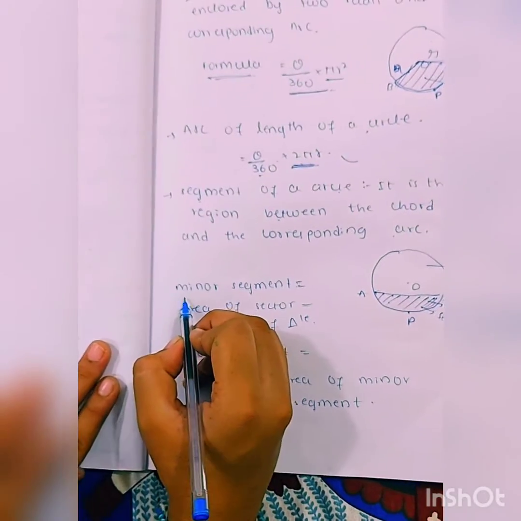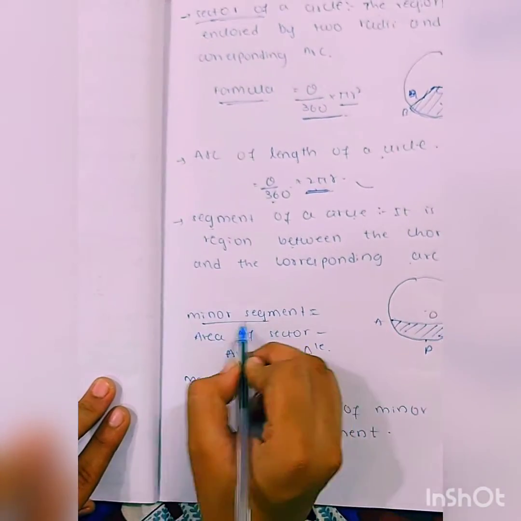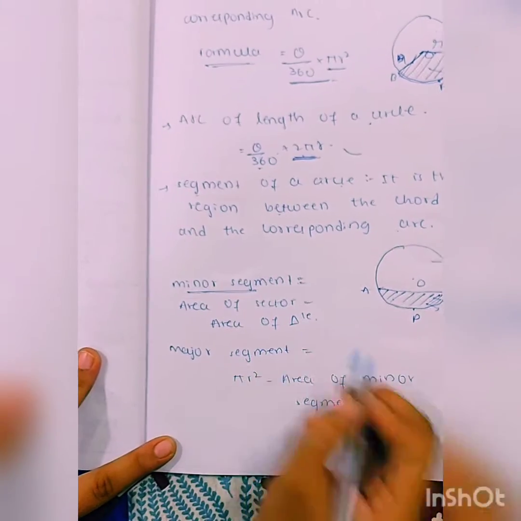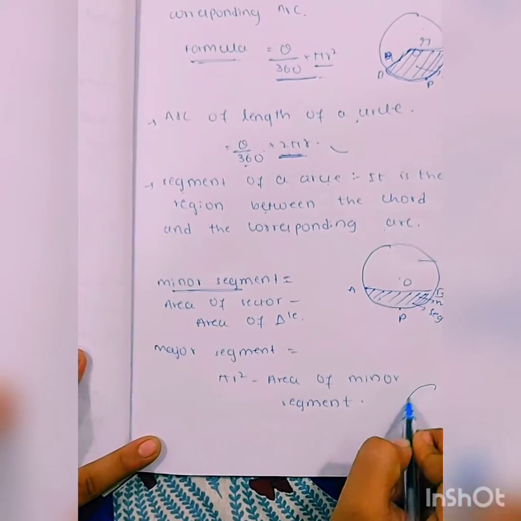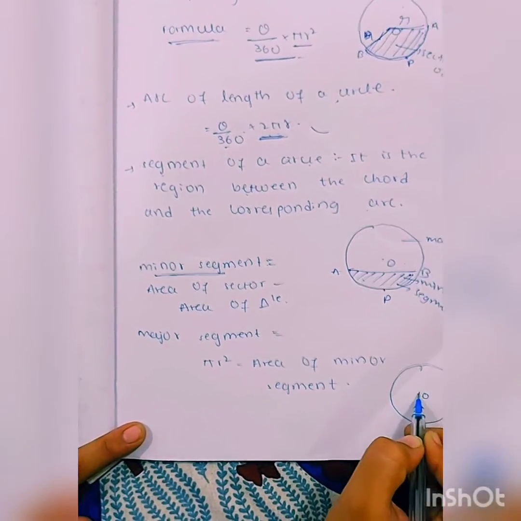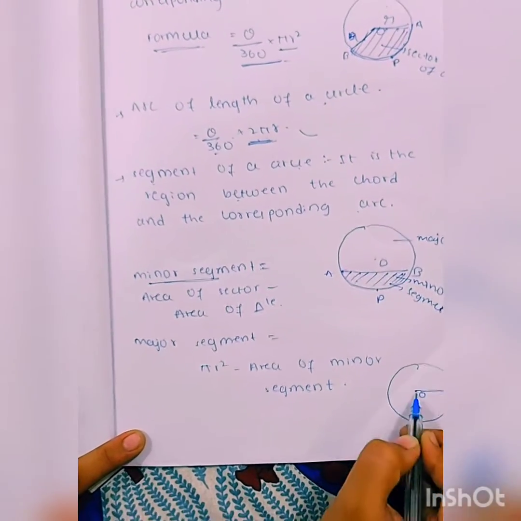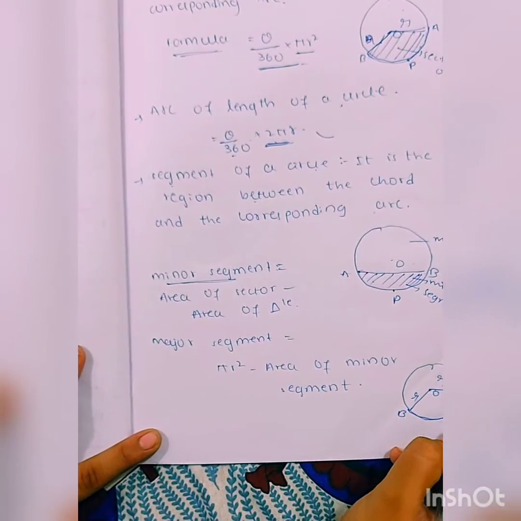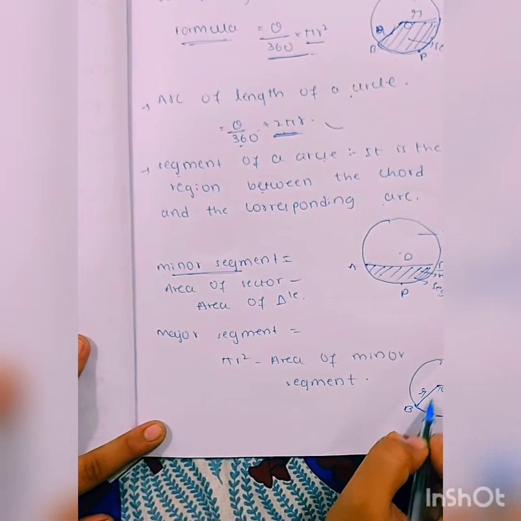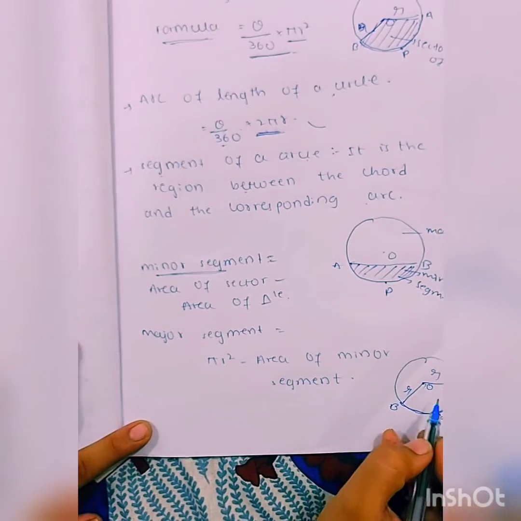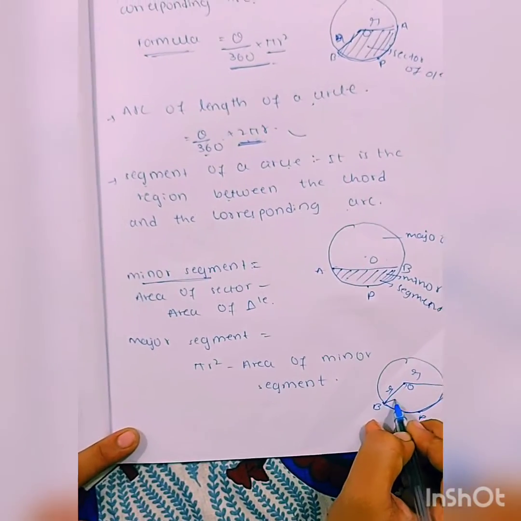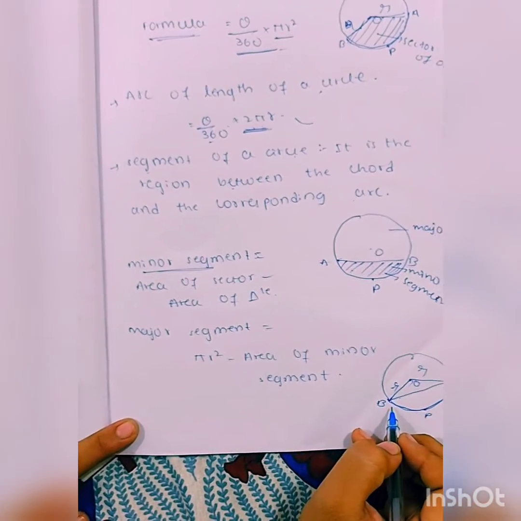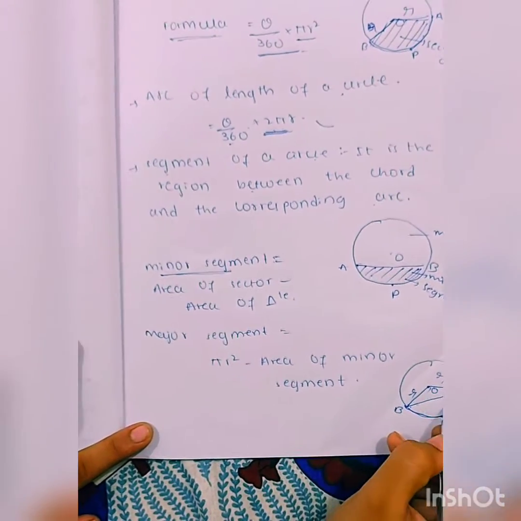To calculate the area of minor segment, the formula is area of sector minus area of triangle. So when we consider a circle with center O, we have OA and OB as radii, and the corresponding arc is APB. So this is a sector of a circle. When we subtract the area of triangle from this area of sector, we will get the area of minor segment.